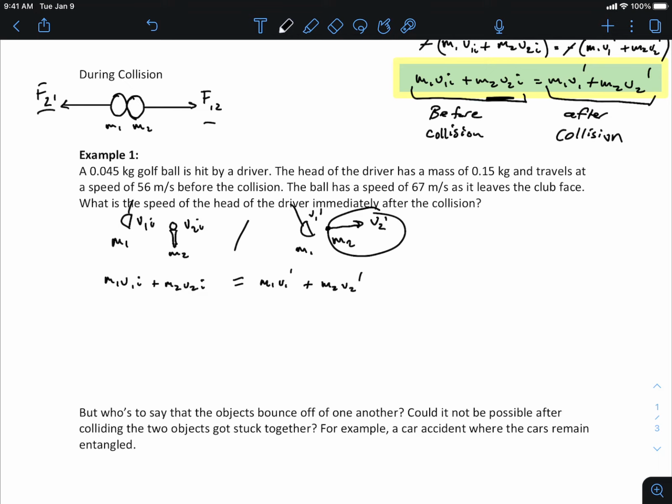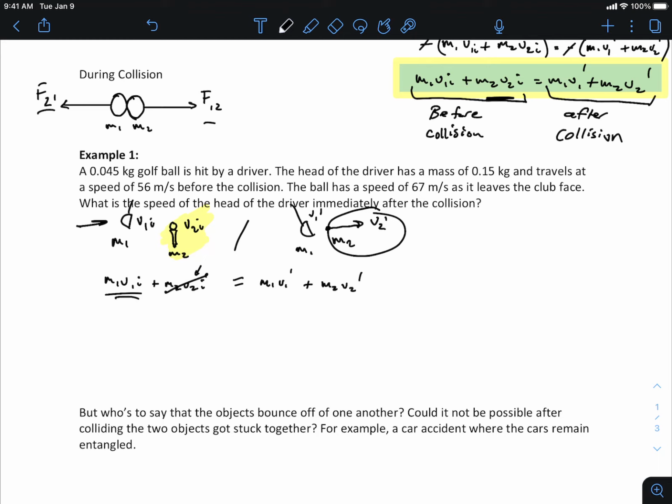And we saw that this term here, the golf ball is not moving. So if you were to plug in the velocity of that golf ball initially, it'd be 0. And so this term cancels out, which means all the momentum being contributed to the system comes from the driver head, right? All right here.